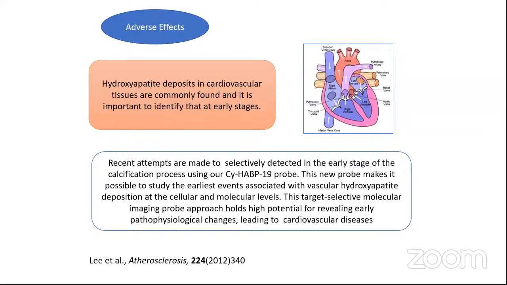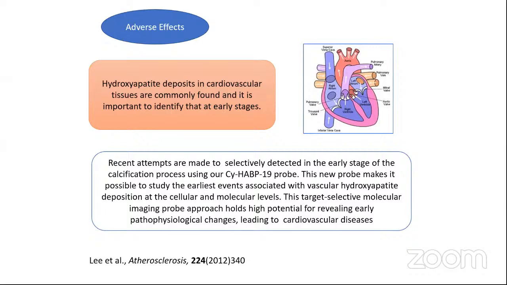So recently, attempts have been made to identify the deposition at early stages so that we can avoid the deposition of hydroxyapatite in our blood vessels.